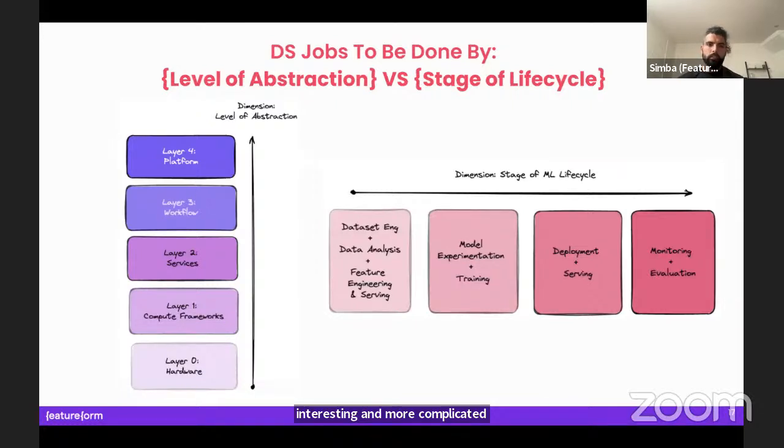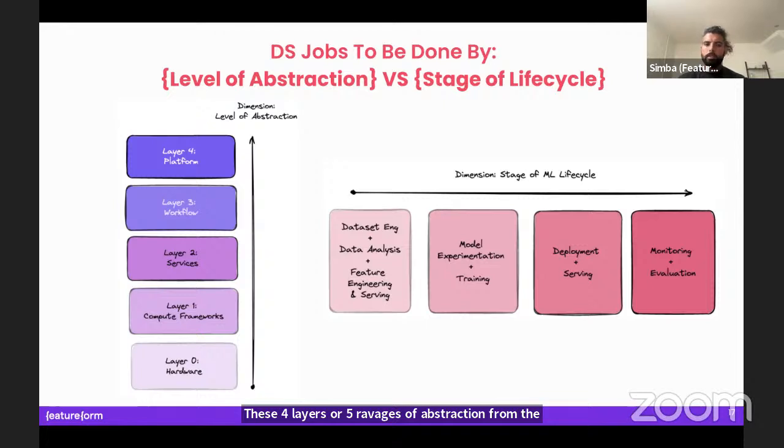So on the right here, I showed that there are those four stages of the ML life cycle, from the data to the monitoring and evaluation. On the left, I'm going to show you these five layers of abstraction from the hardware up to the platform.